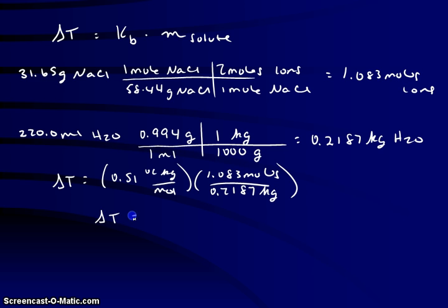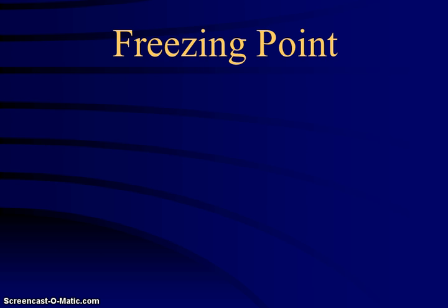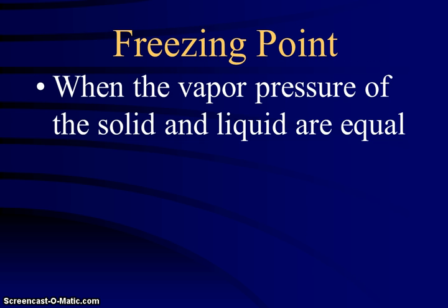So our boiling point is going to change by 2.53 degrees Celsius. And we know that by adding a solute to a solvent, that lowers the vapor pressure, which increases the boiling point. So pure water boils at 100 degrees Celsius. So we're going to add 2.53 to that, and our new boiling point is going to be 102.53 degrees Celsius.